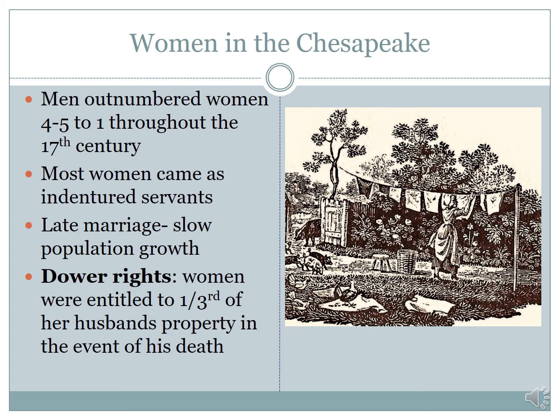Now, dower rights basically allowed for women who were married, if their husband died, to be entitled to a third of their husband's property in the event of his death. Now that doesn't sound unreasonable to us, and it doesn't maybe sound unusual to us, but it was unusual for the time for women to get any property at all.